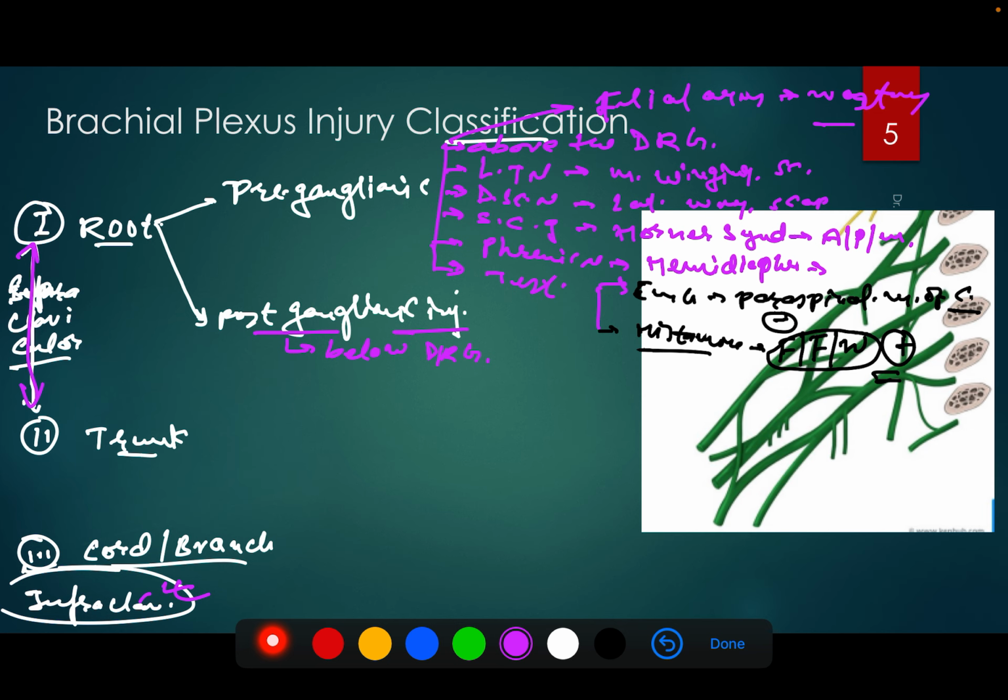So that is below the dorsal root ganglia, and here the long thoracic nerve was intact, and the dorsal scapular nerve also intact. And the differentiating point here, we did the EMG of the cervical paraspinal muscle.